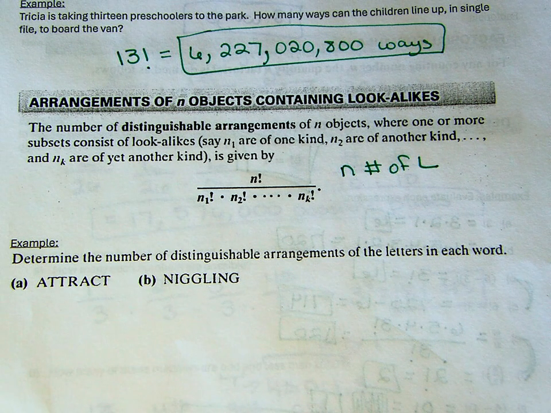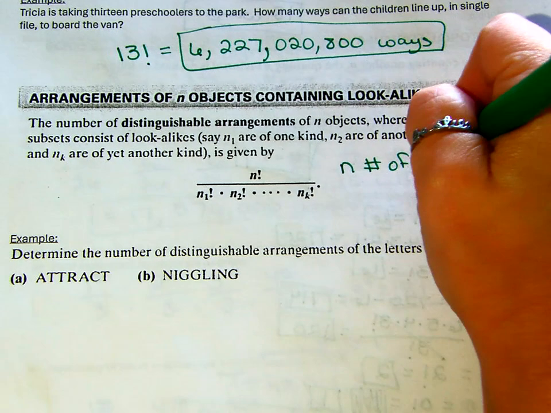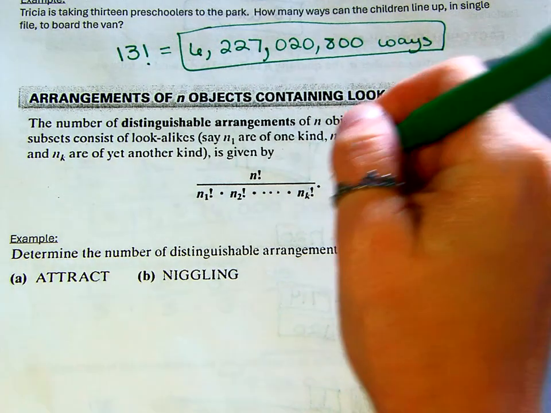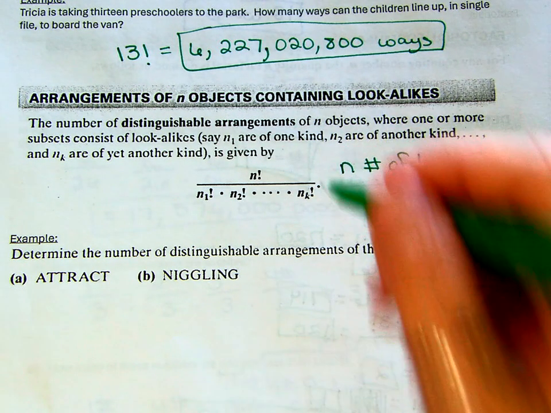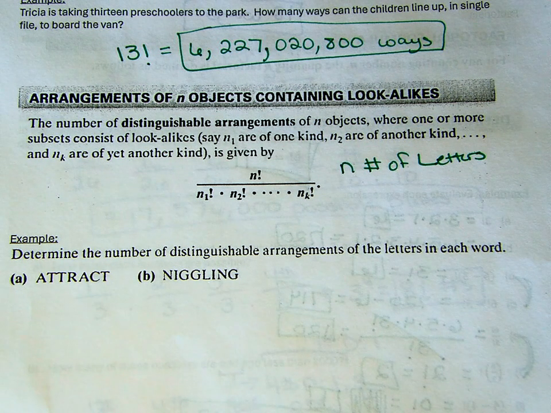And then these down here, the n1, n2, all the way to nk, these are going to be the number of times the letters come up specifically. And that may not help at all, but I think when you see us work one, it's going to make sense. So n itself, without a subscript, is the total number of letters within a given word. And then we're going to break down that word into its distinct letters.